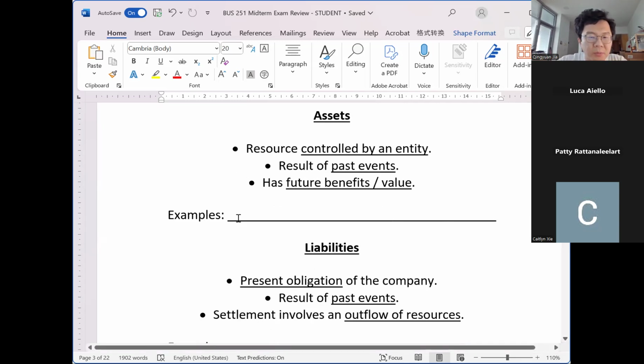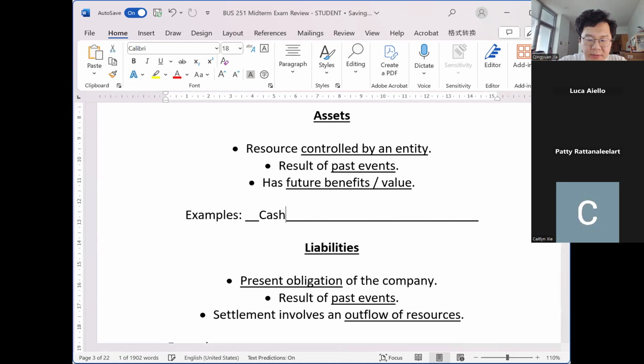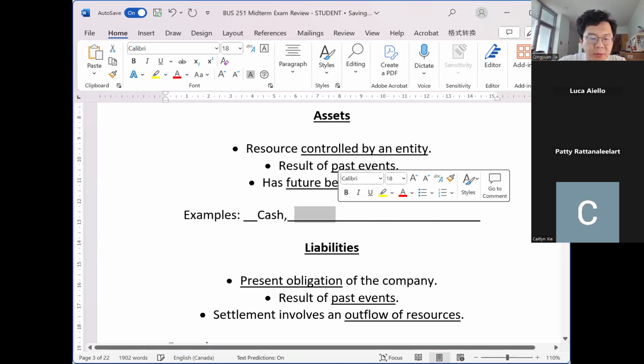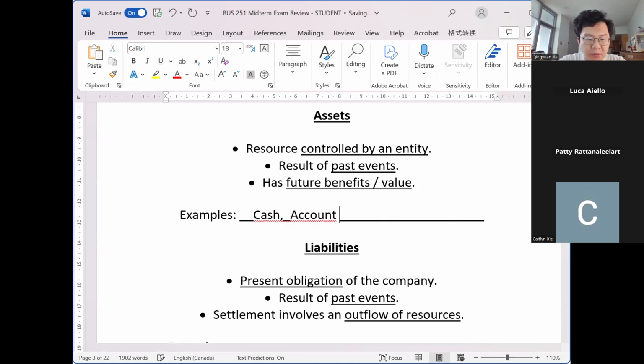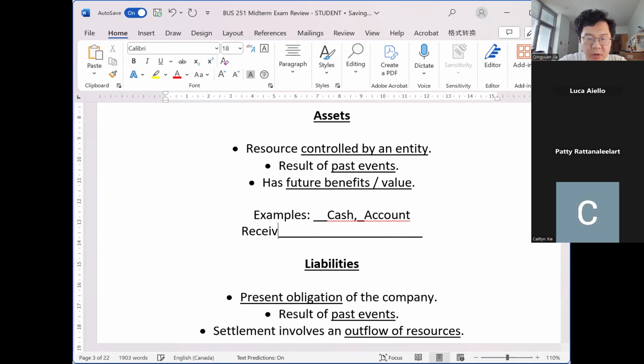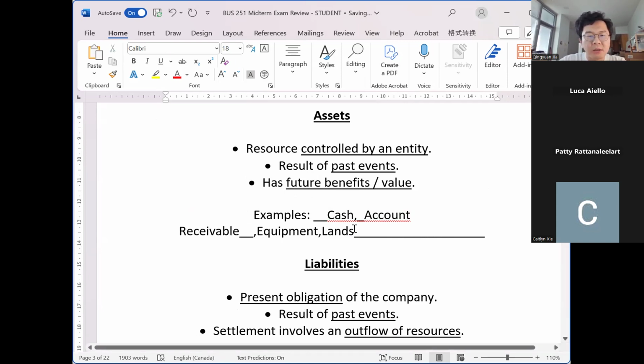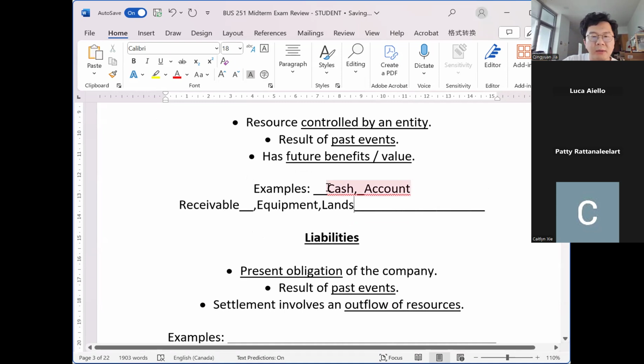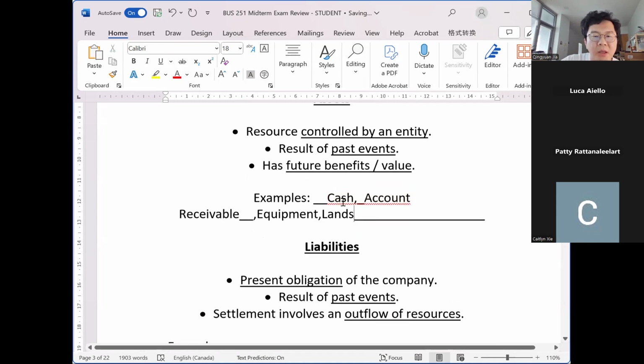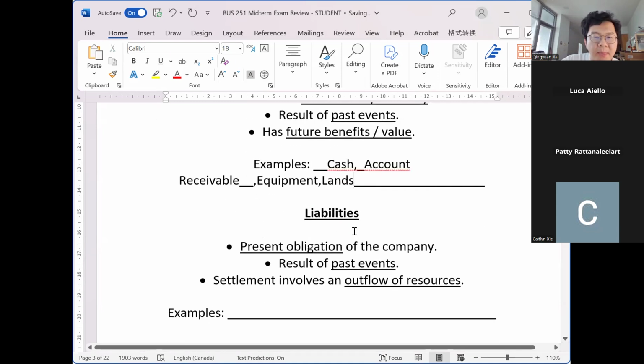Some examples could be cash, accounts receivable, equipment, or land, or some other assets. And these are the widely seen asset accounts.